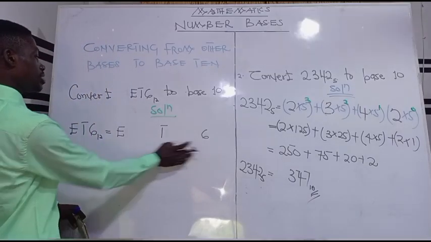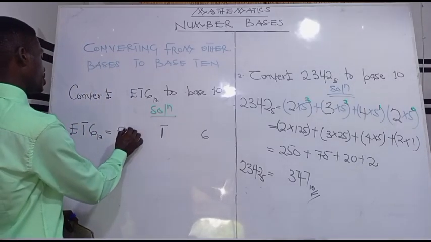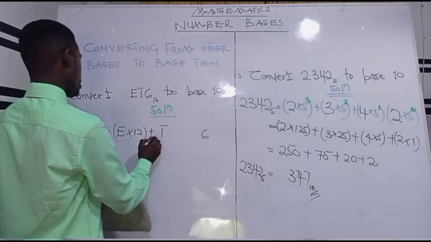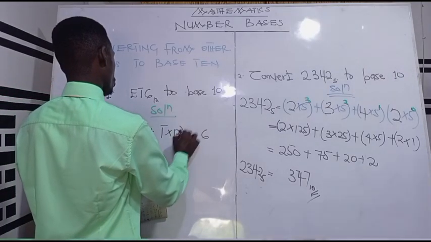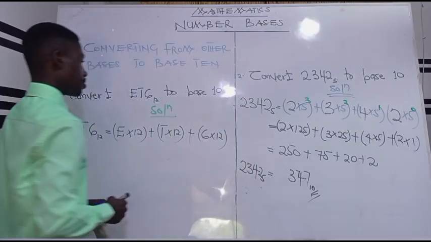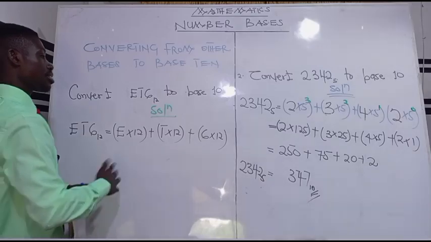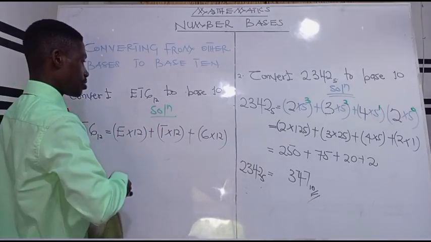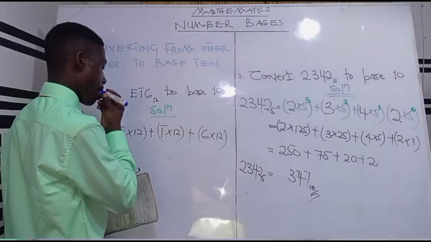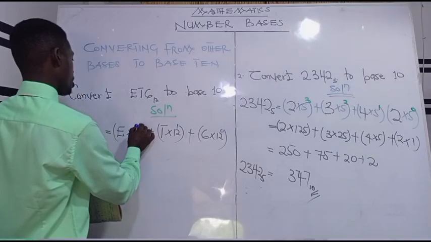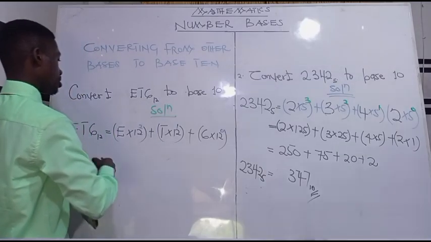So we are going to multiply each of these by the base given. So we are multiplying here by 12. We sum them, multiply here by 12, multiply here by 12. So the next thing is we are going to start counting from the extreme right to the left, starting from 0. So we have 0, 1, and then 2. Very good.